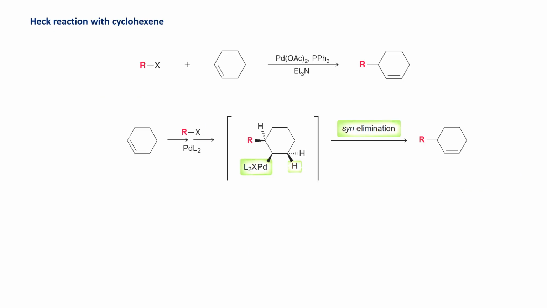One example we are taking is cyclohexene. When you perform Heck reaction with cyclohexene, you will see shift of double bond. You expect a product like this, but you are getting a product like this when you treat it with cyclohexene.